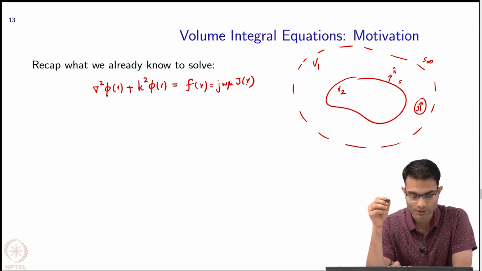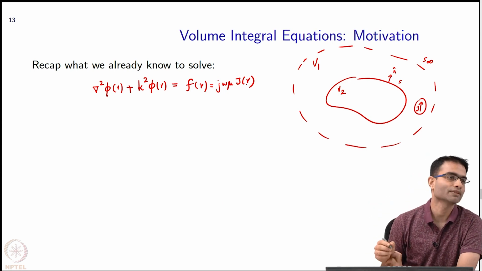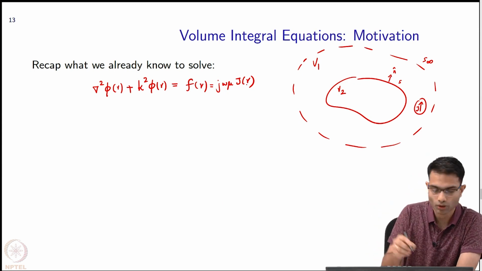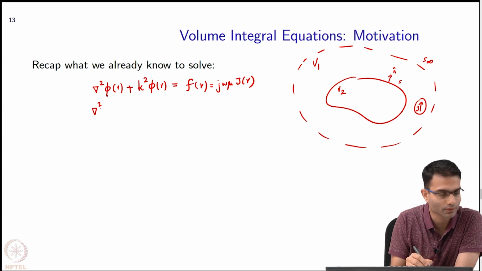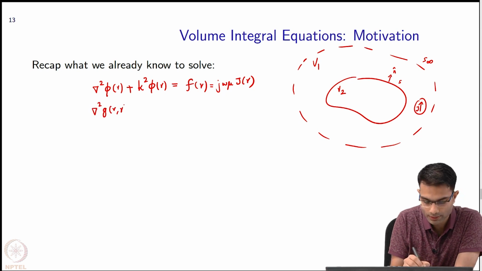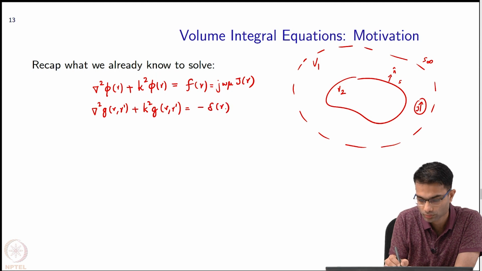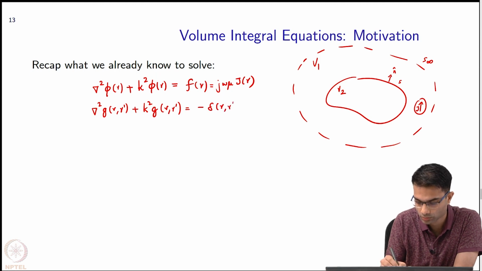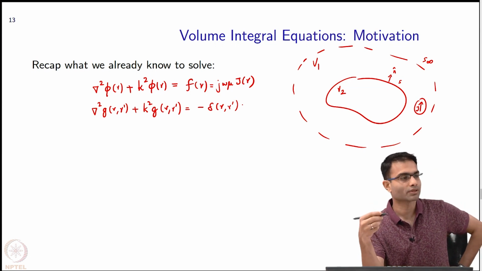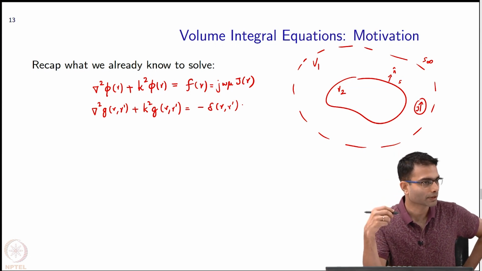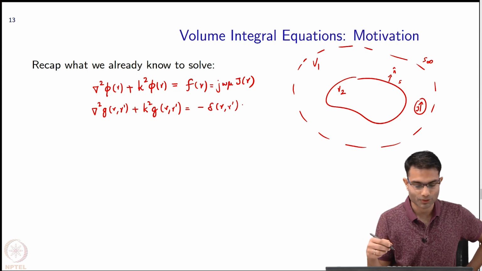We will call this the Helmholtz equation, and then we said, okay, how do we solve this? To solve this, we invented one new function, the Green's function. If I can find this Green's function, I can solve this problem, and that was the impulse response idea.